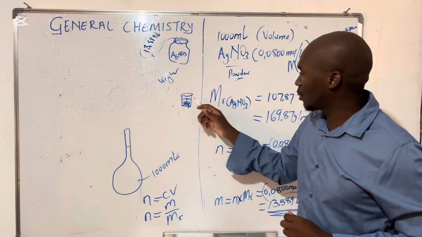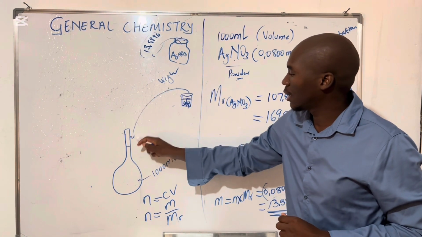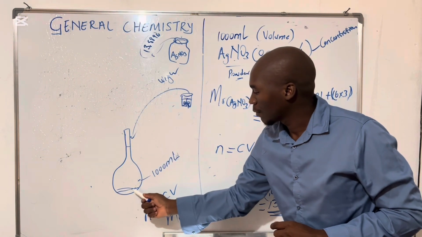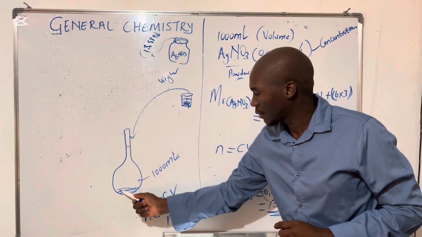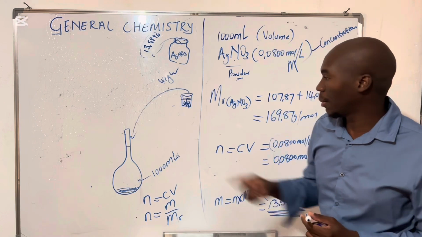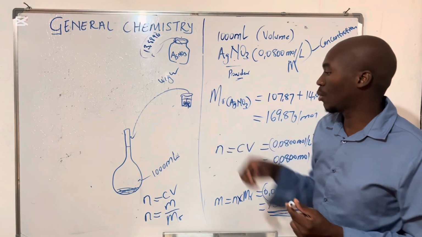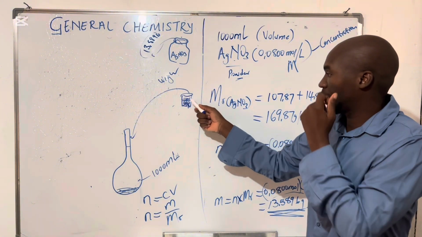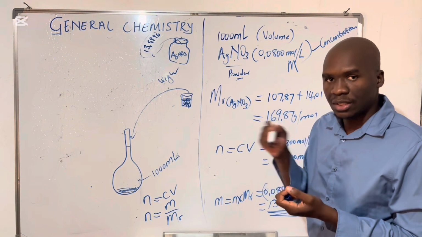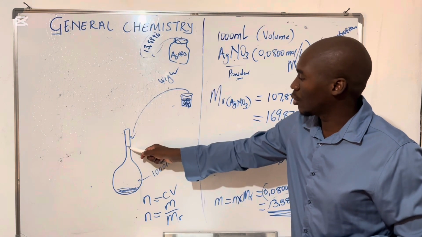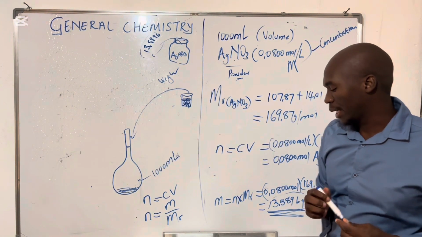Then after you dissolve it, you can transfer it here nicely. When you transfer it here, it will occupy this space. Remember, it can't fill all the way because the volume is small; we just need to dissolve it. Then you will add distilled water all the way to the mark.